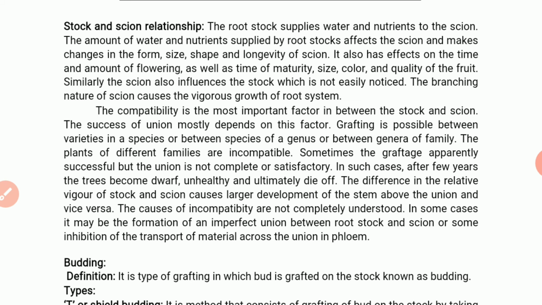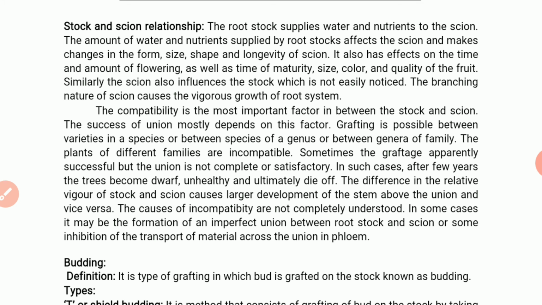Sometimes the graftage is apparently successful, but the union is not complete or satisfactory. In such cases, after a few years, the trees become dwarf, unhealthy, and ultimately die off. The difference in the relative vigor of stalk and scion causes larger development of the stem above the union and vice versa.